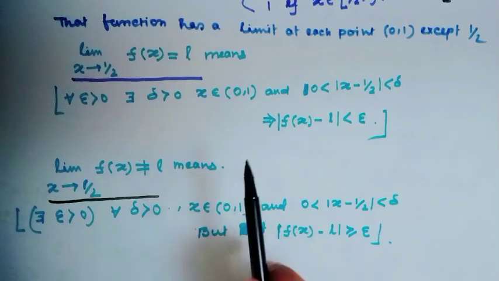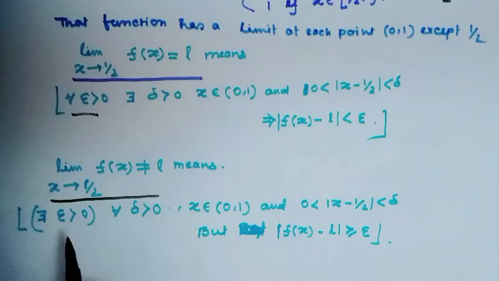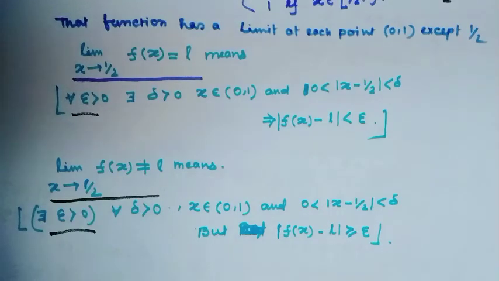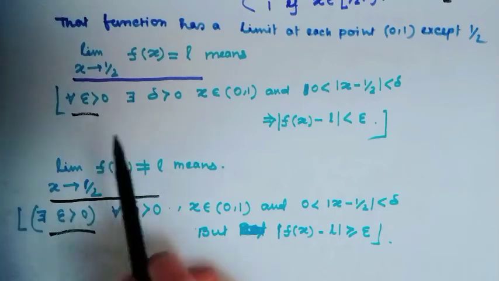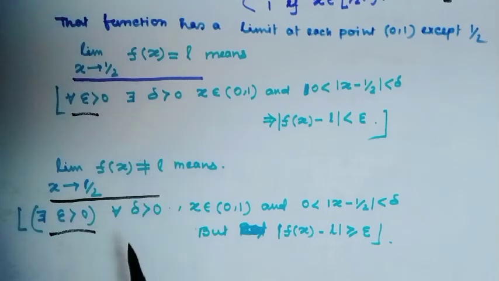See the difference: here it is for all epsilon, and here there exists one epsilon. And here, for all epsilon there exists a delta, while here it is satisfied for all delta.